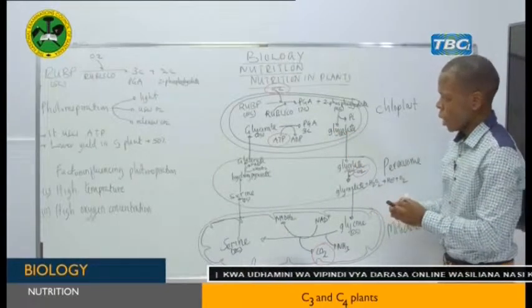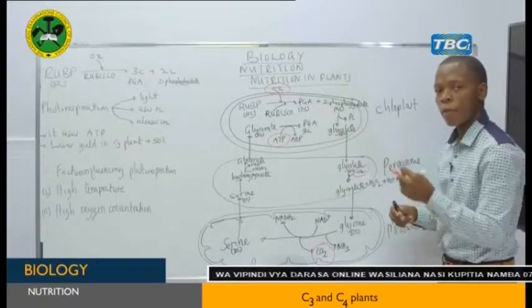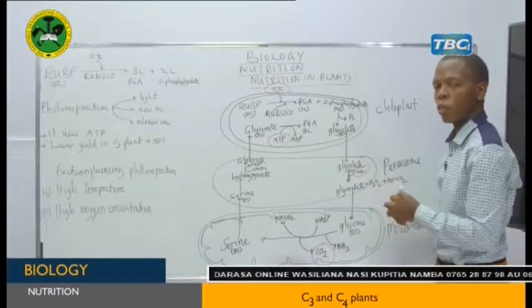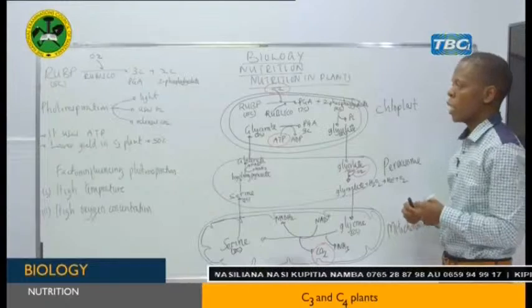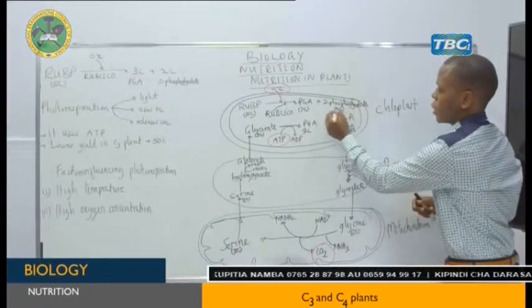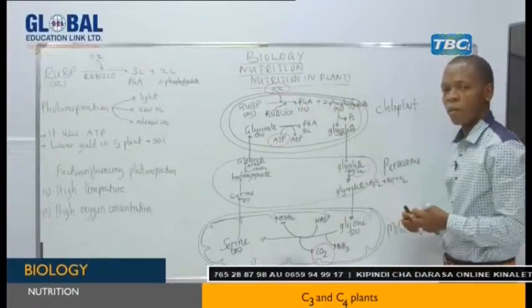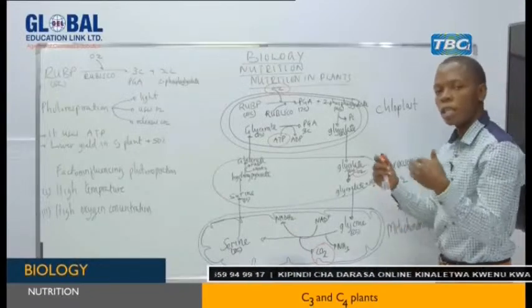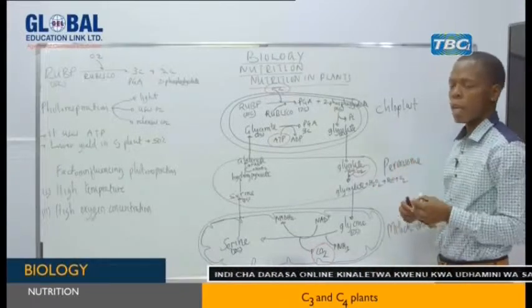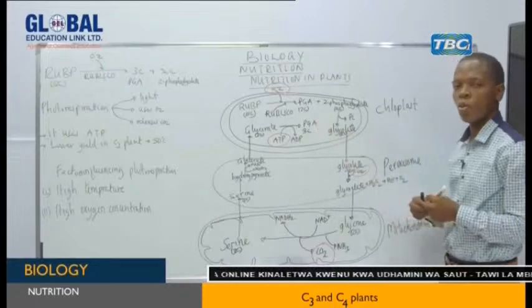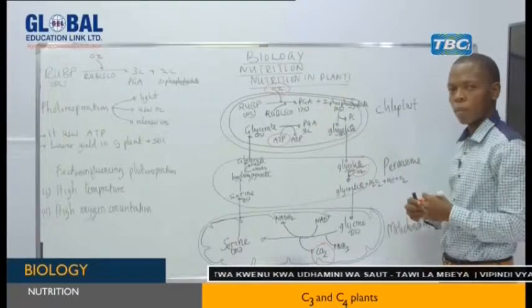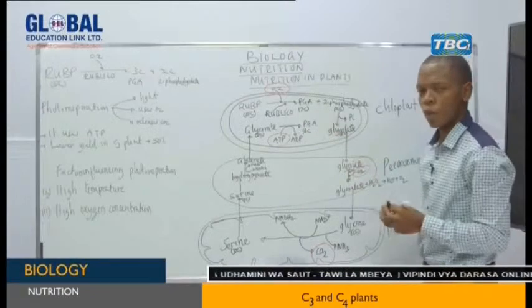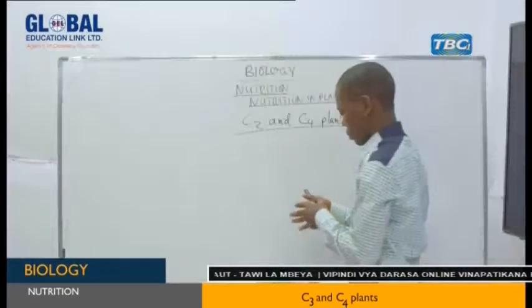And that is why we are saying photorespiration lowers the yield of C3 plants, because instead of this 2-carbon compound entering into the Calvin cycle, it is exchanged between different organelles, and finally it is converted into PGA. This is photorespiration.